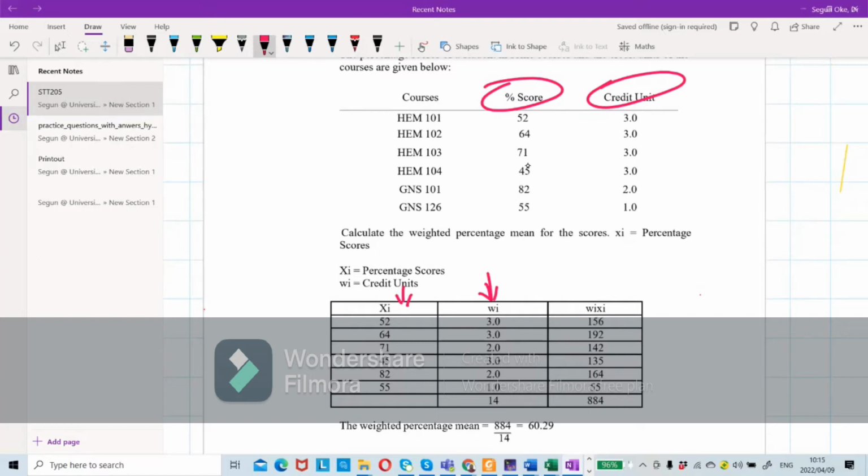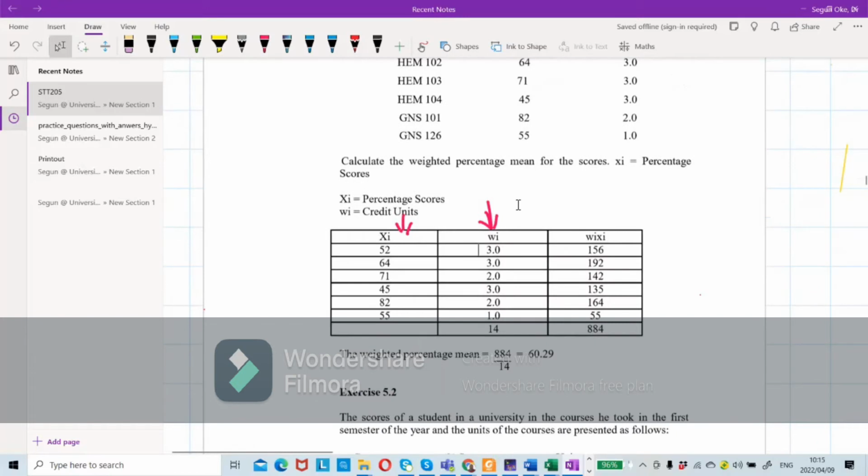This multiplied by this will give you this. At the end of the day, a weight is like a frequency. When you sum the weights together, you have 14. Then use the same formula, the summation of weight times X i divided by the summation of weight.